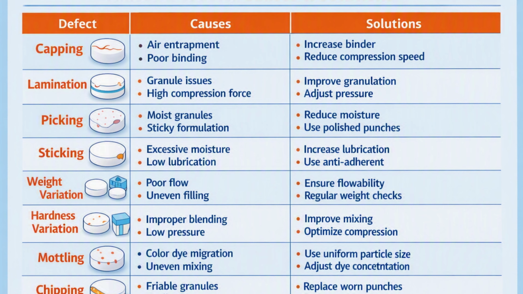In the same way, it results in hardness variations from one tablet to another. Then molting. Molting is color dye migration from one place to another. When two tablets are created to give a bilayer concept, one layer of the color is transferred to another by means of pigment migration, resulting in an uneven tone of the tablet.